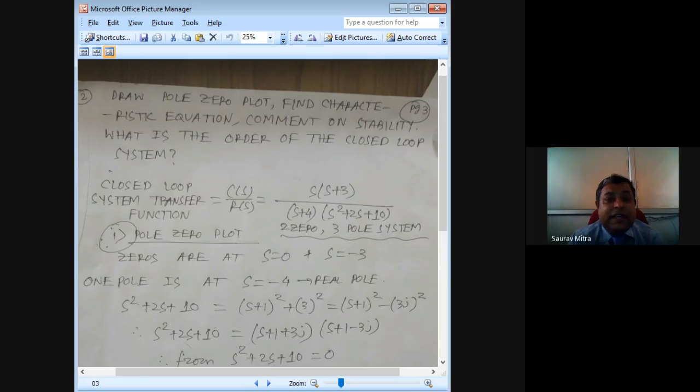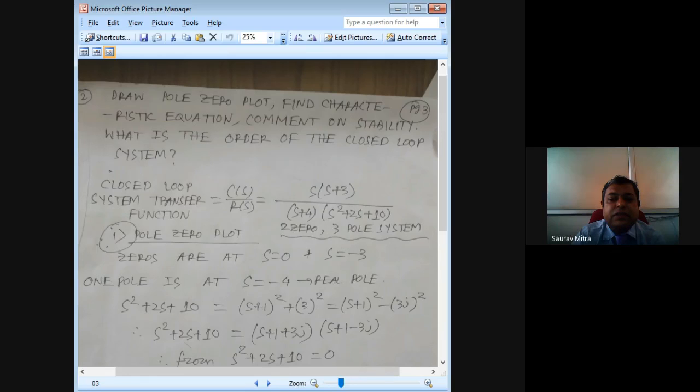The second question is to find the characteristic equation. What is meant by characteristic equation? The characteristic equation is nothing but the denominator equation of the transfer function C(s) by R(s). Whatever the denominator is, if you equate it to 0, then we find the characteristic equation. And what is the necessity of finding the characteristic equation?